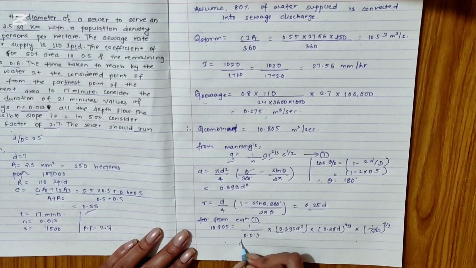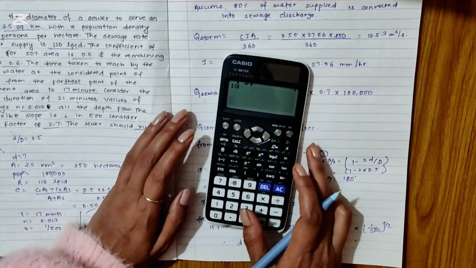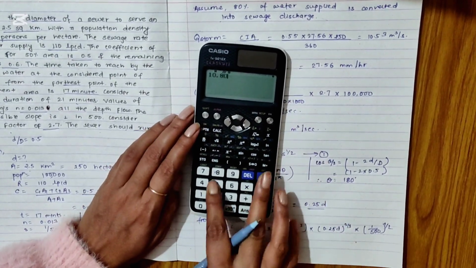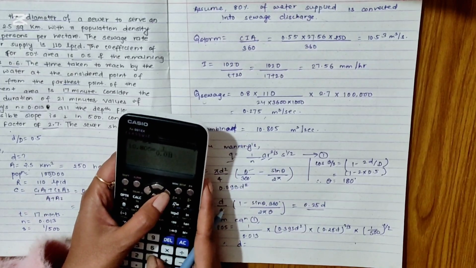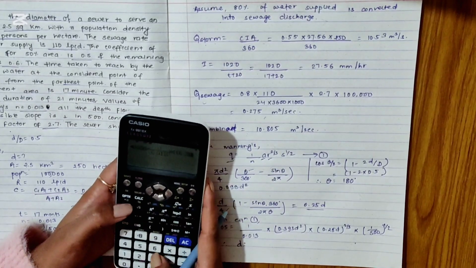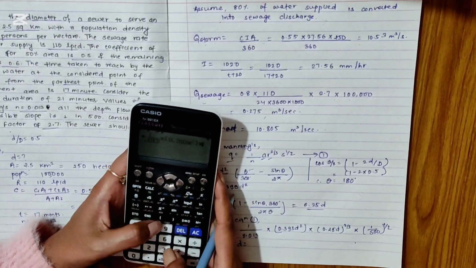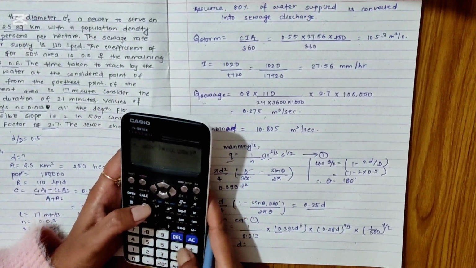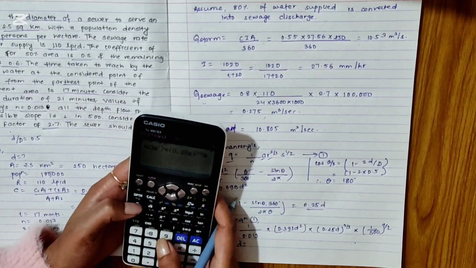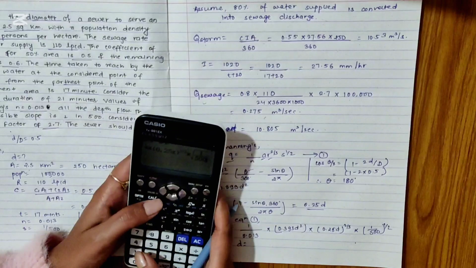So solving this we get the value of depth: 10.805 equal to 1 by 0.013 into 0.393 D square into 0.25 D to the power 2 by 3 into root under 1 by 500.